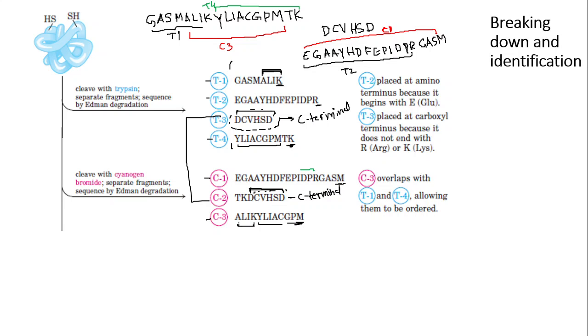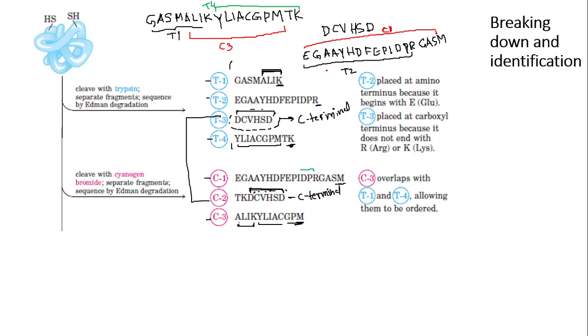If you look at these two sequences carefully, see if there is any common one. What you have to figure out is which of them goes to the N terminal and which goes to the C terminal, so which comes first and which comes second. So how do you decide that?